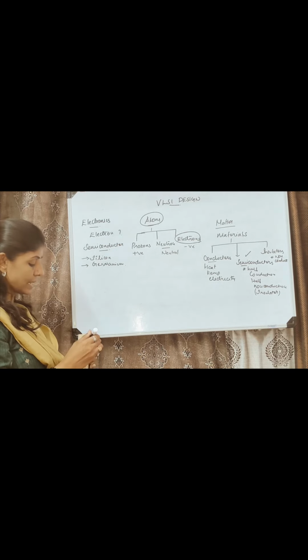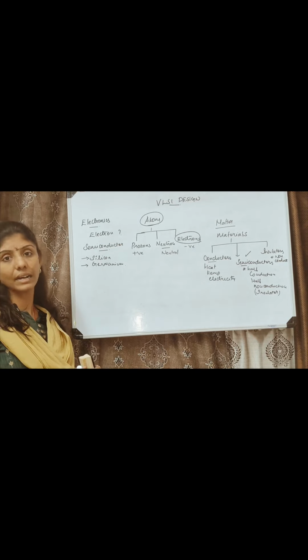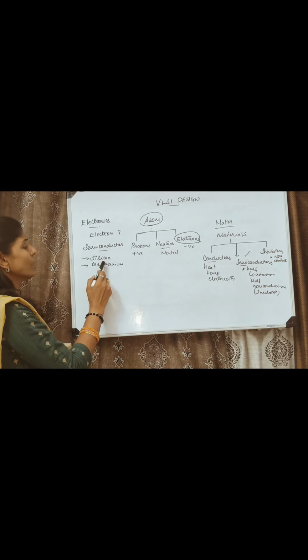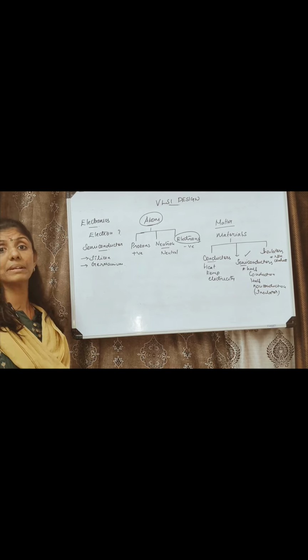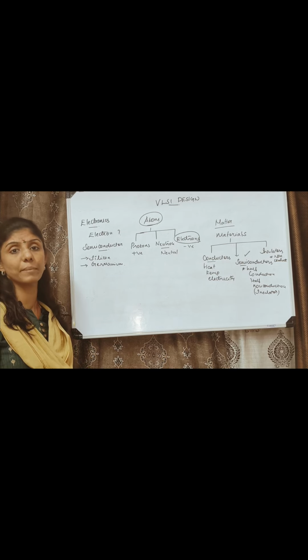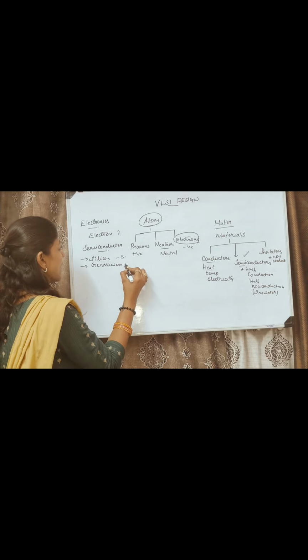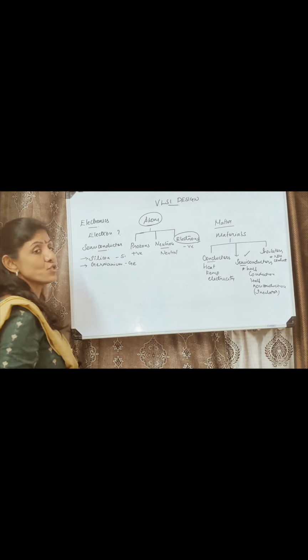Semiconductor means partial conduction, right? Only these two elements are considered semiconductors: one is silicon, Si, and the other is germanium, Ge.